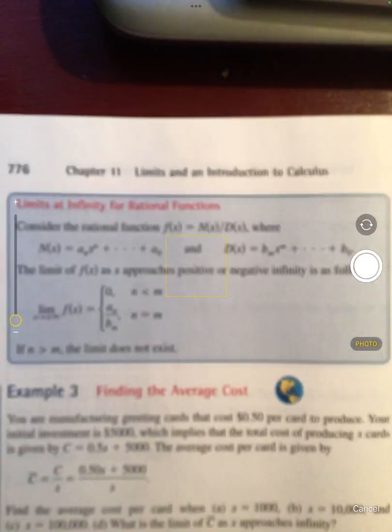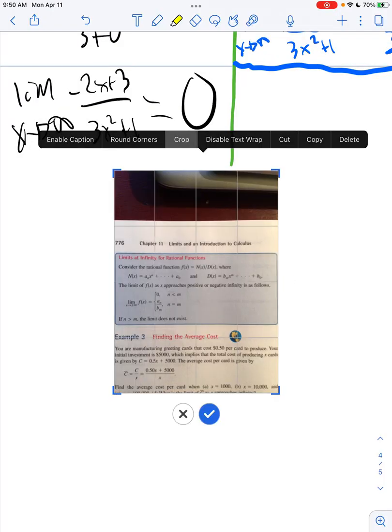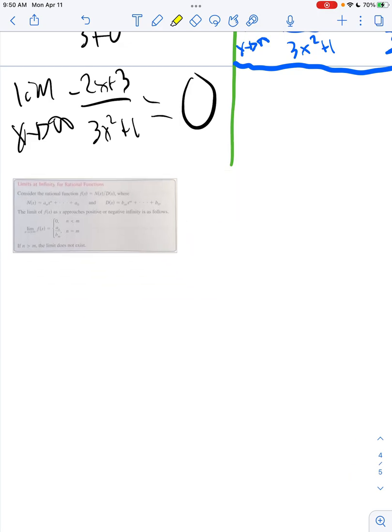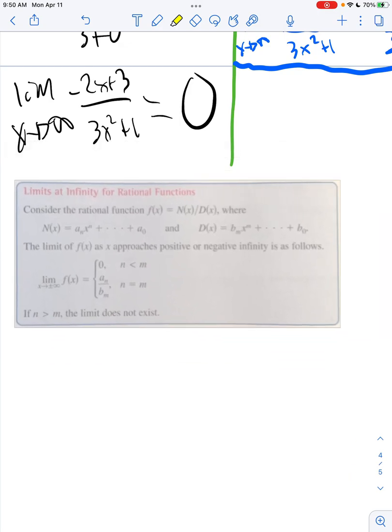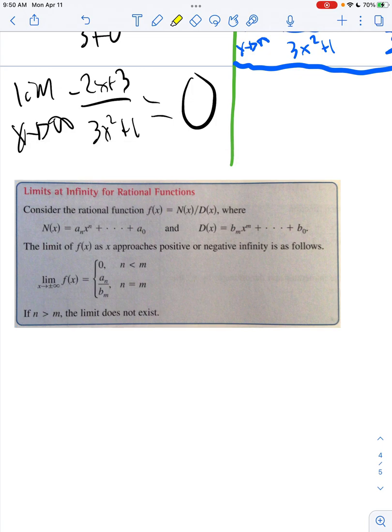So to kind of summarize that right here. If n is smaller than m, you have a limit of 0.